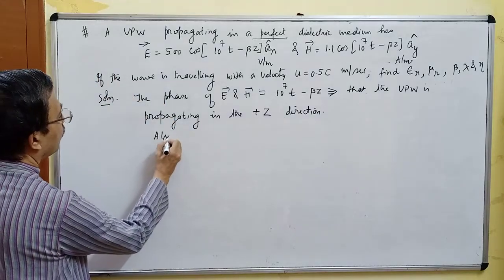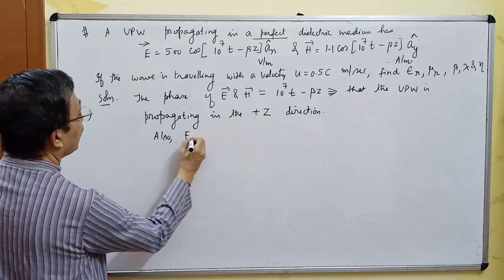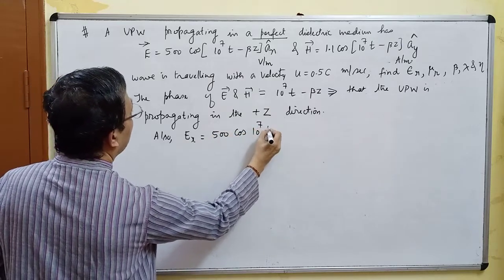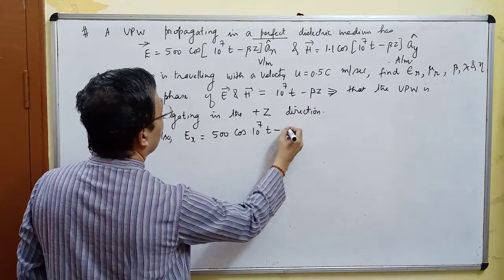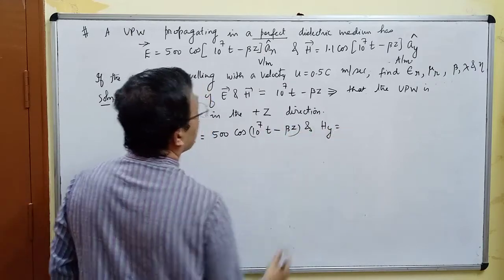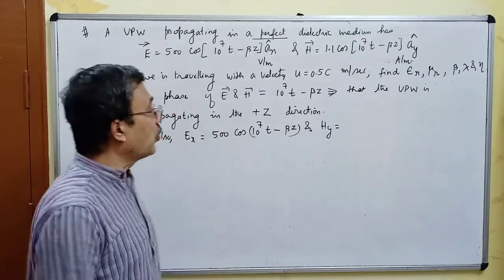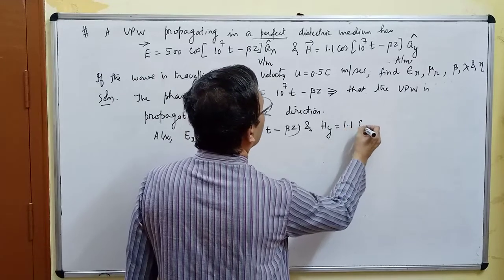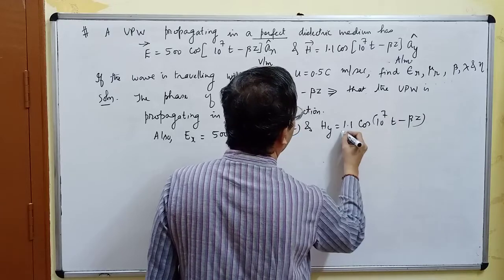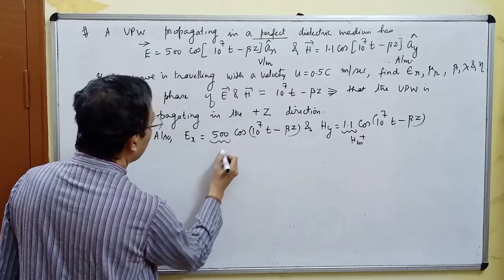Also, E is in which direction? X direction. Also, what is Ex? Ex is equal to 500 cos of 10 to the power 7 into t minus beta into z. And Hy, because the coefficient of ay cap is Hy, equals 1.1 cos of 10 to the power 7 into t minus beta z. This is nothing but Hm plus is 1.1, Em plus is 500.